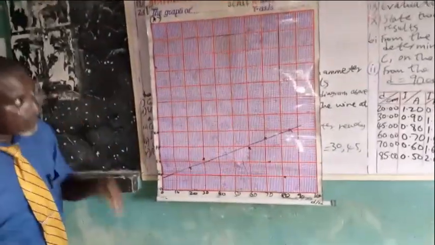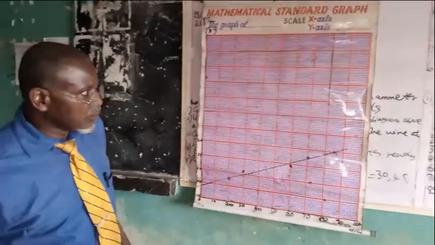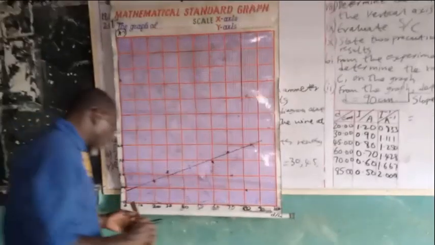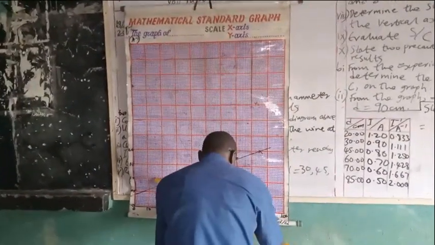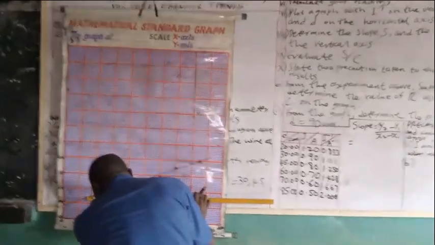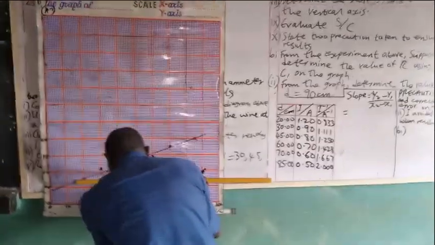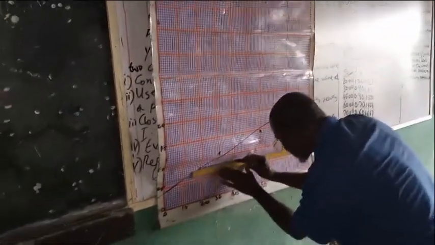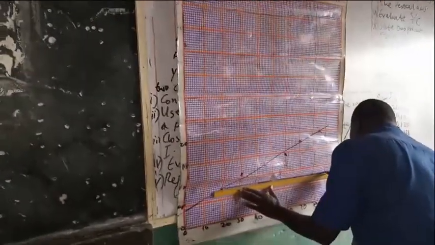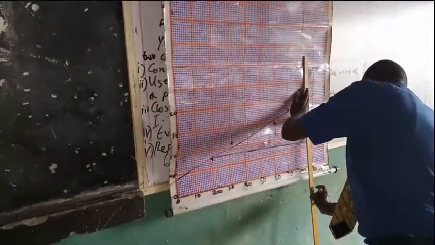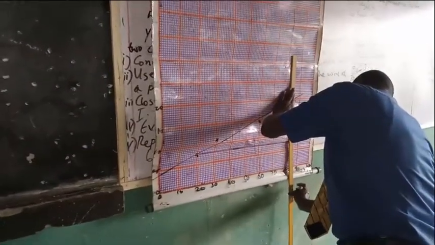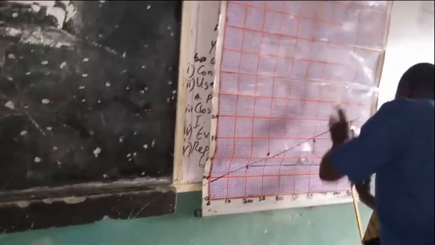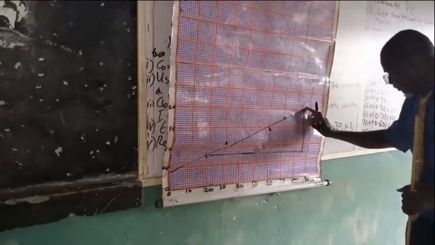This is the graph. Now, determine the slope. For the slope, we draw a very big triangle. So this is the triangle.